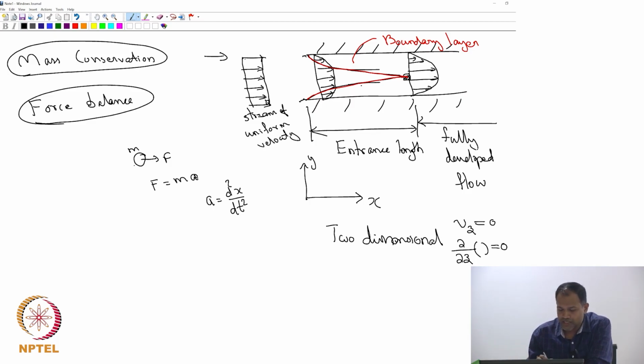We can't talk about such particles, or otherwise we need to do force is equal to mass into acceleration for every particle in the fluid, and things might be changing in the x direction, things might be changing in the y direction. So, by writing the force balance in a differential form, you have really generalized this equation. So, all you are doing is mass conservation and force balance. Is that clear? Okay. So, now let us write down the equations in the differential form.